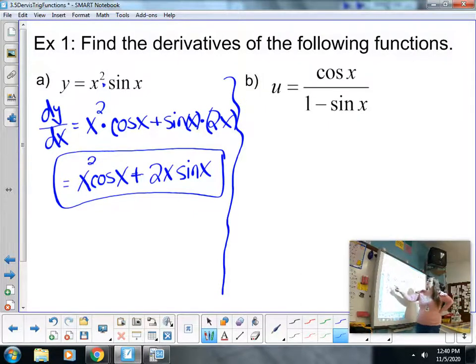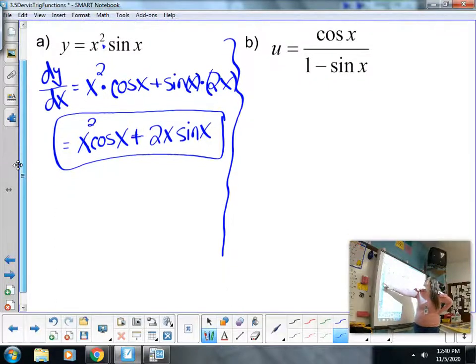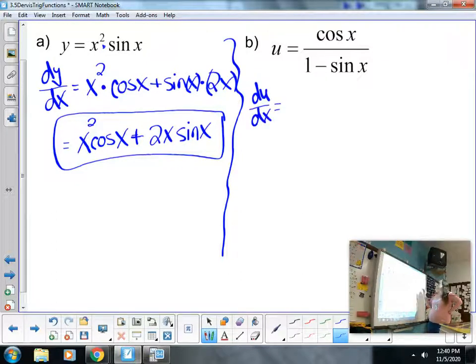Okay, and that brings us to part B, and this one is going to require a little bit more space, so I'm going to scroll and give myself some more room. We do have to do the quotient rule here, because I have two things that are being divided. So dy dx is going to equal low d high, so the derivative of the top, which is negative sine of x, minus high d low, so the derivative of the bottom.